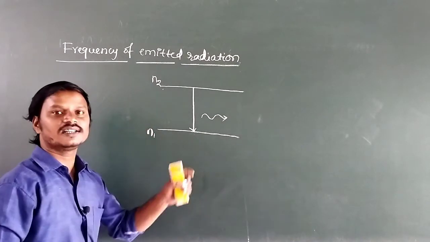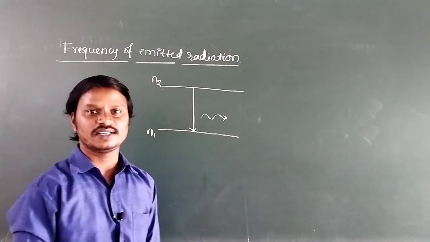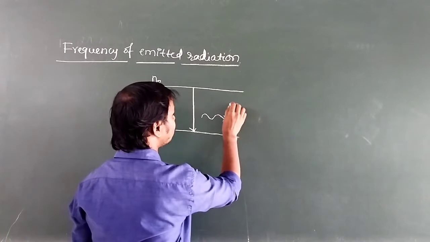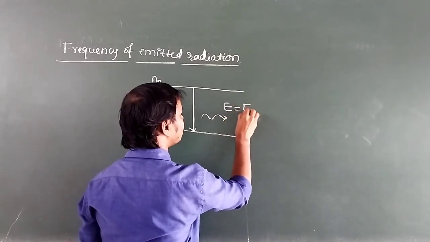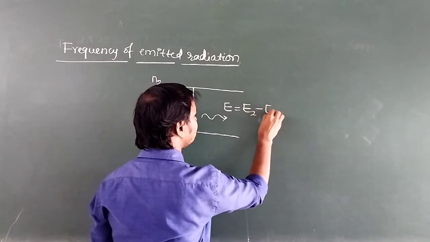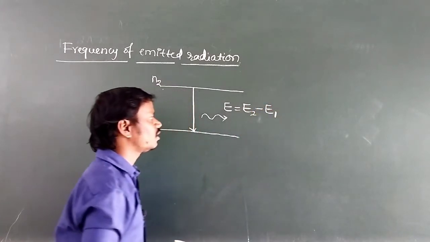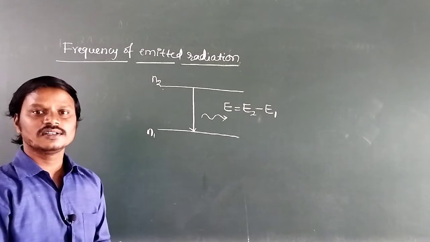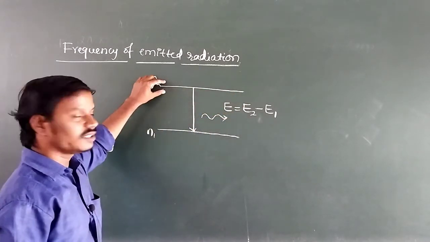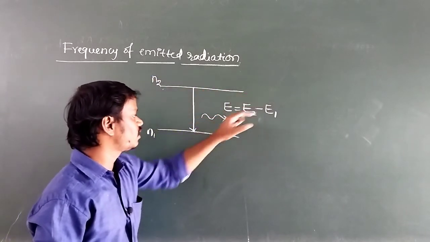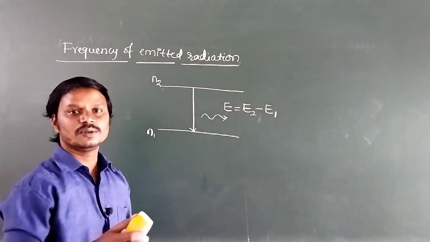So this emitted electromagnetic radiation is called spectral line, and the energy of the emitted electromagnetic radiation, that is E equal to E2 minus of E1. The difference in energies of the electron in the higher orbit and lower orbit. Then what is E2? E2 is the energy of the electron in the higher orbit and E1 is the energy of the electron in the lower orbit.